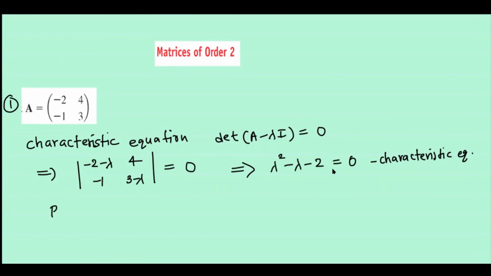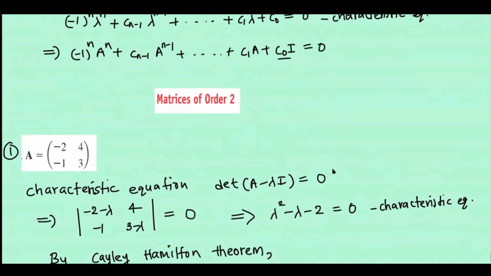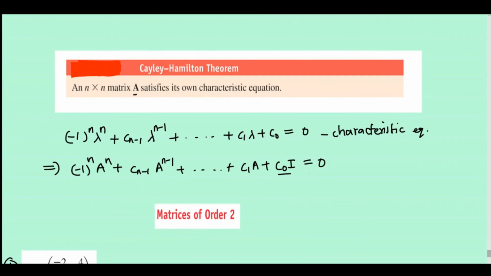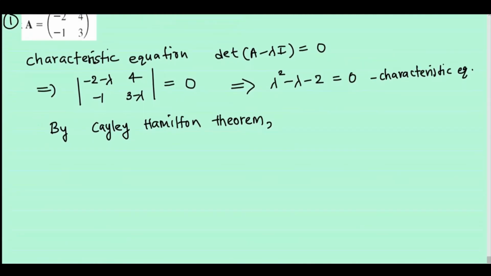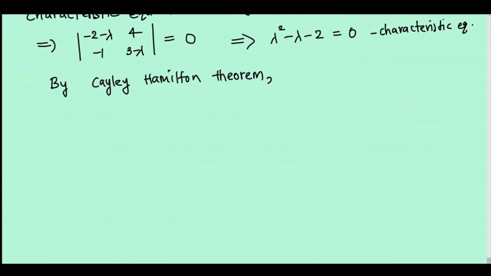So we will get A square minus A minus 2I equal to 0.